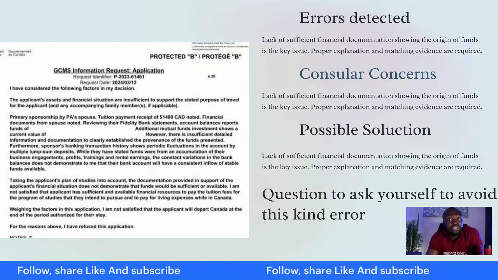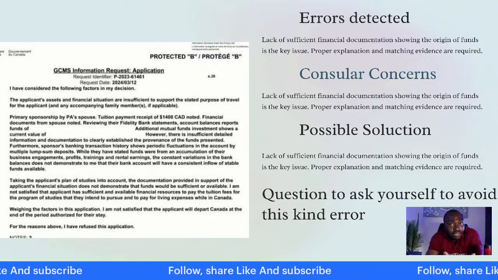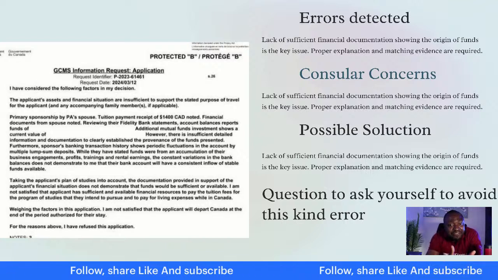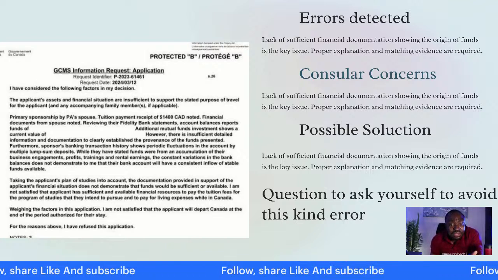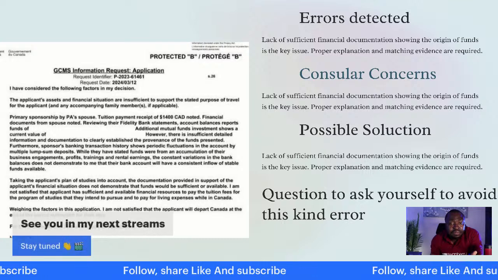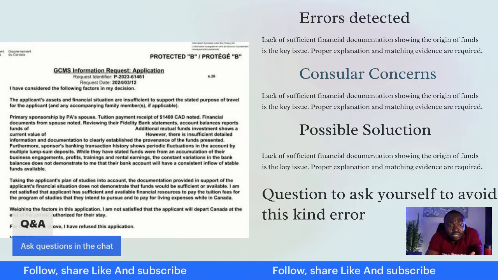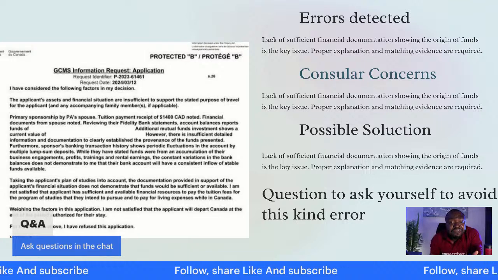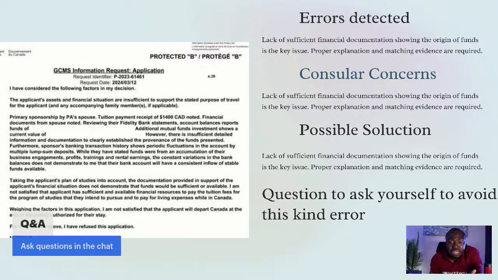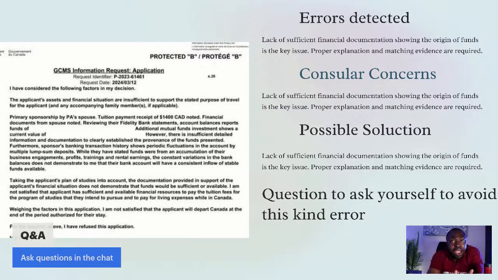Probably you are just round tripping it. That was the error evident in this particular case. So try and avoid this kind of error. So let's review one more case, and that will be it for today.